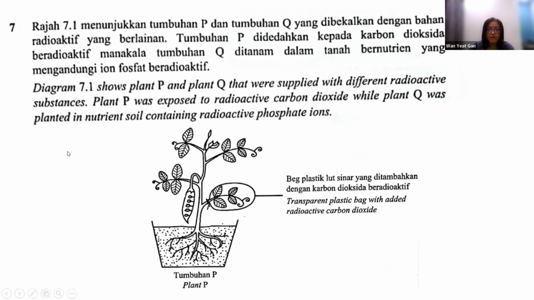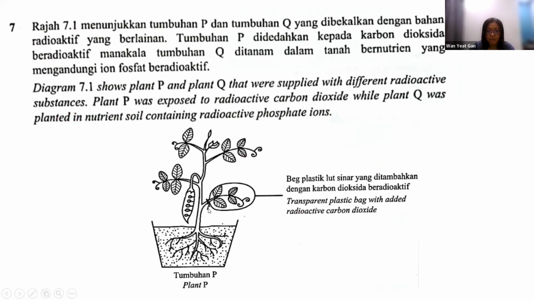Okay, let's look at the next question. Plants P and Q are supplied with different radioactive substances.